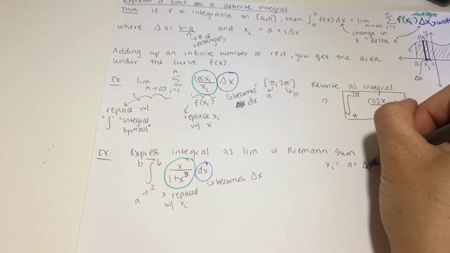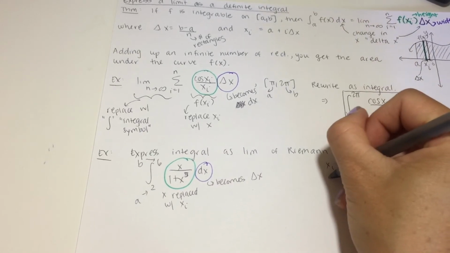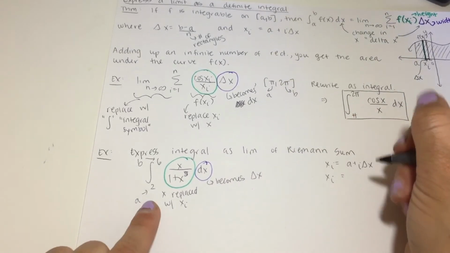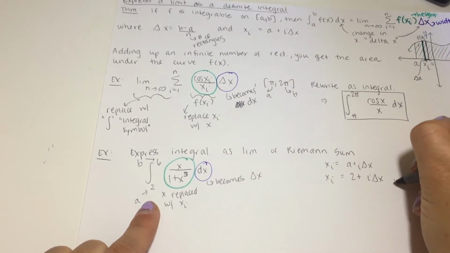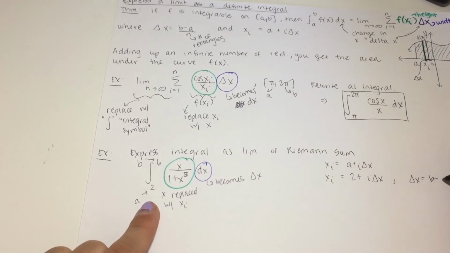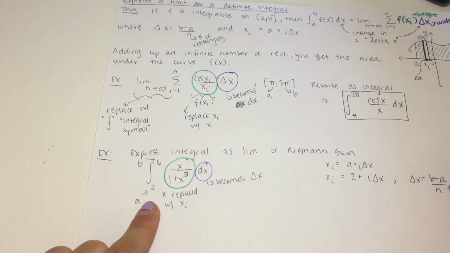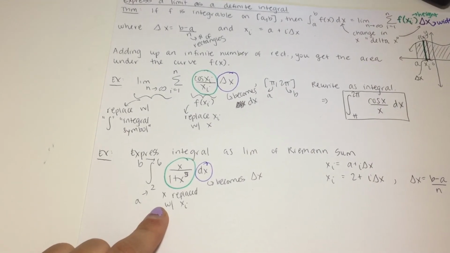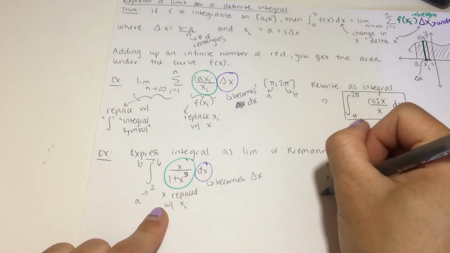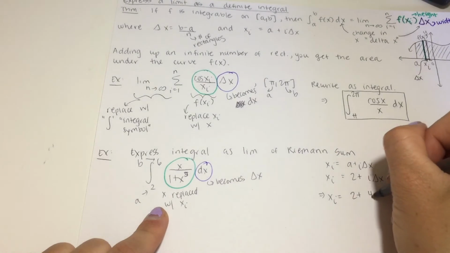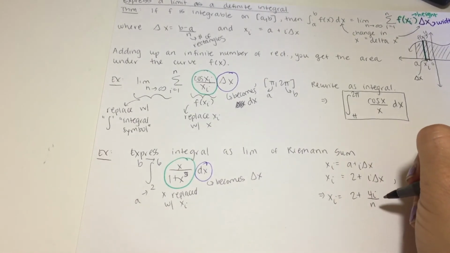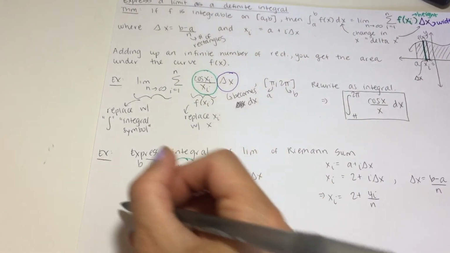And remember from the theorem that xi equals a plus i times delta x. So that'll be 2 plus i times delta x, where delta x equals b minus a over n. Plugging in the numbers, we get delta x equals 4 over n. So now our xi equals 2 plus 4i over n.